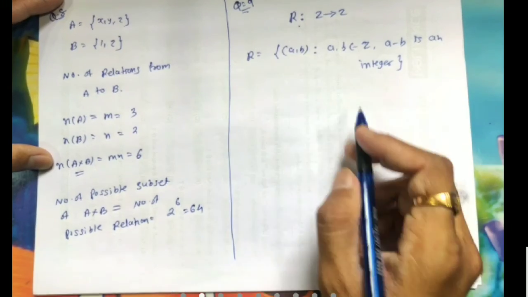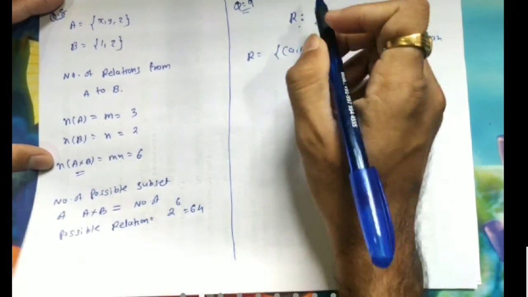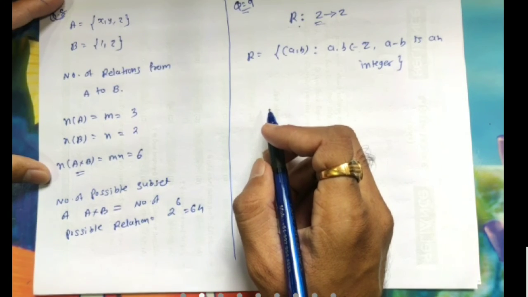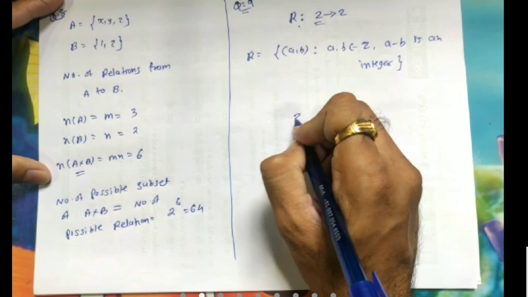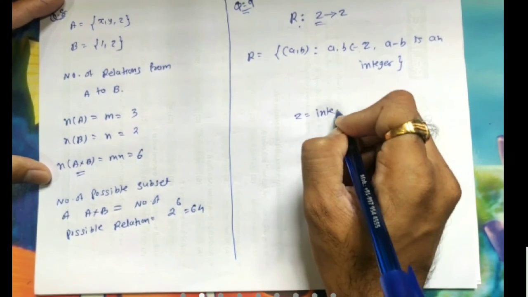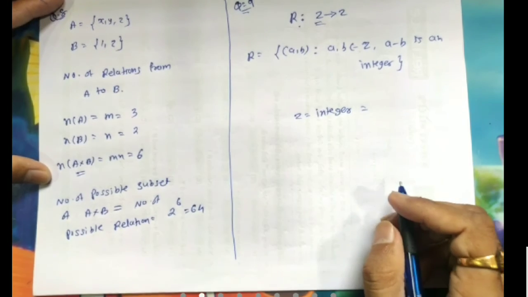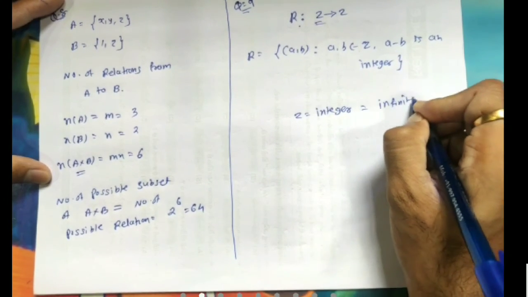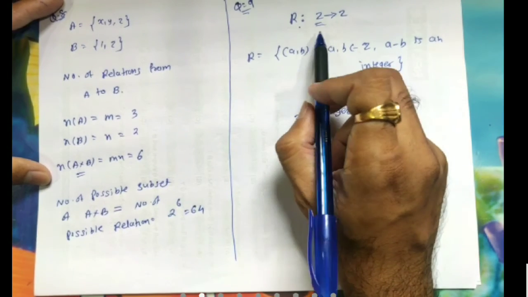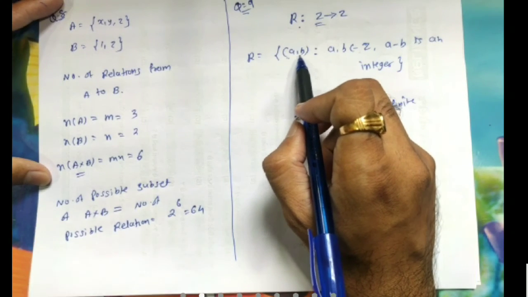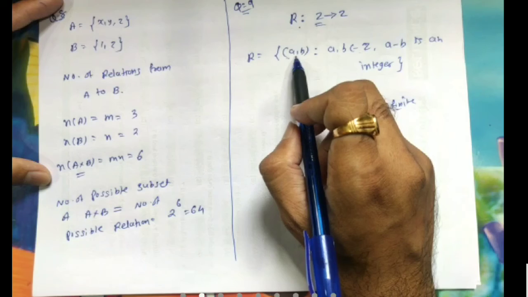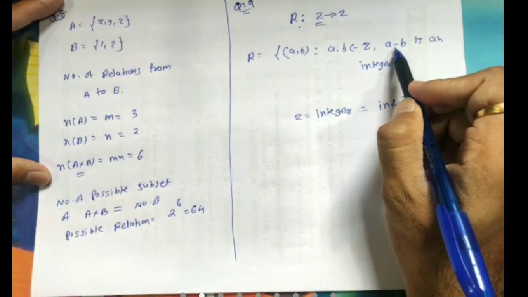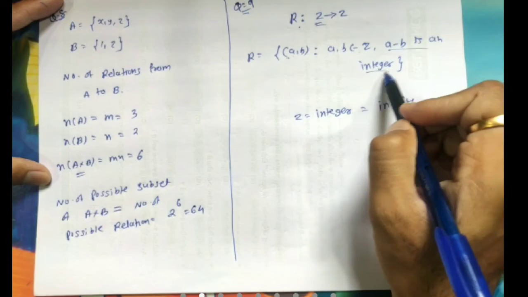So here, what is Z? Yes, Z is the set of integers. And how many integers are there? Infinite integers are there. So here the condition is you have to define relation R in which the ordered pair (a, b) is there, and they must satisfy this condition: the difference of those two numbers is an integer.